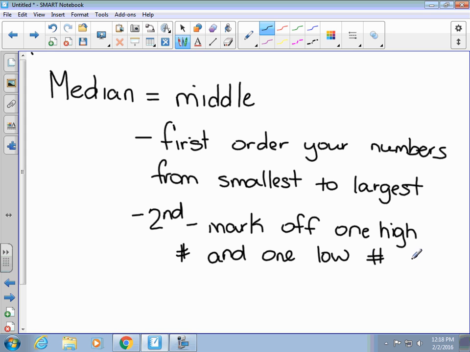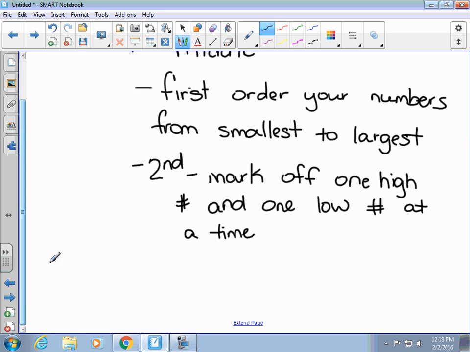I'm just going to do one at a time. So you're just going to mark off one high and one low at a time. Then if you have another high and a low, you're going to mark that set off. So let's scroll down and keep looking here. Let's say my example of numbers, I'm just going to come up with some again.